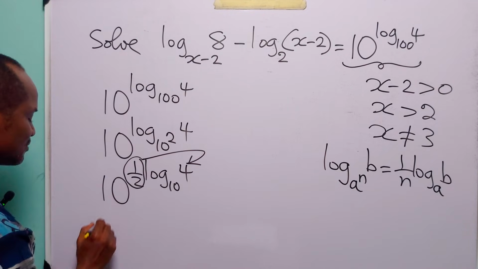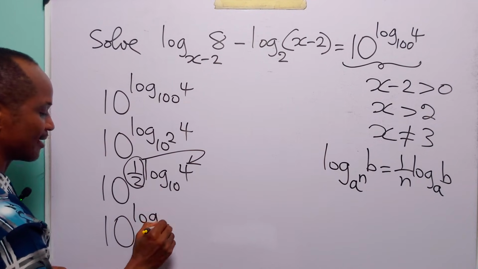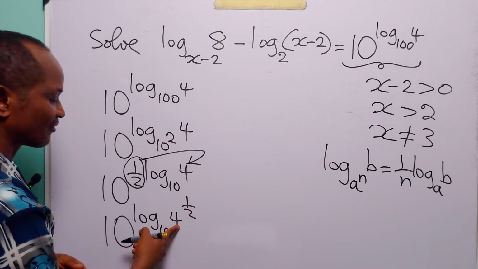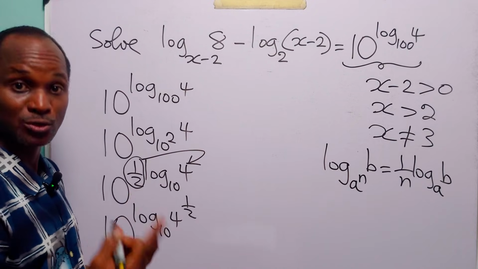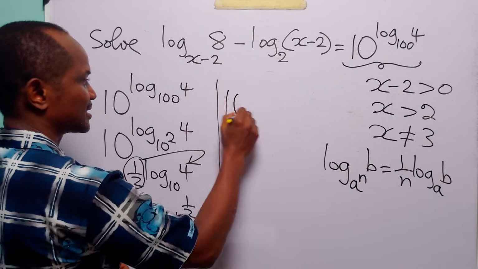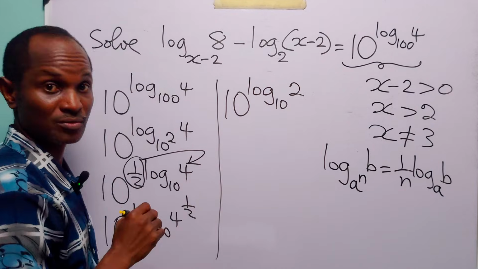When we do that, this becomes 10 to the power log to base 10 of 4 to the power half. But of course, you know that 4 to the power half is the square root of 4, which is equal to 2. So here we have 10 to the power log to base 10 of 2.